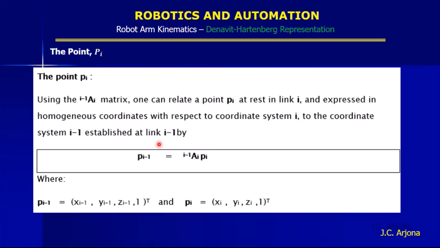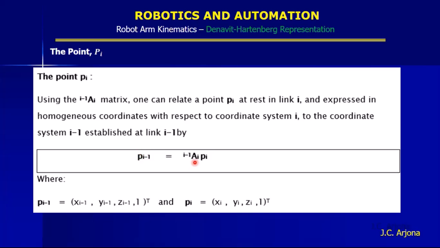Finding the point Pi. To determine the point Pi, using the A i to i-1 matrix, one can relate a point Pi at rest in link i and expressed in homogeneous coordinates with respect to coordinate system i to the coordinate system i-1 established at link i-1. This is with respect to the previous frame or reference frame.